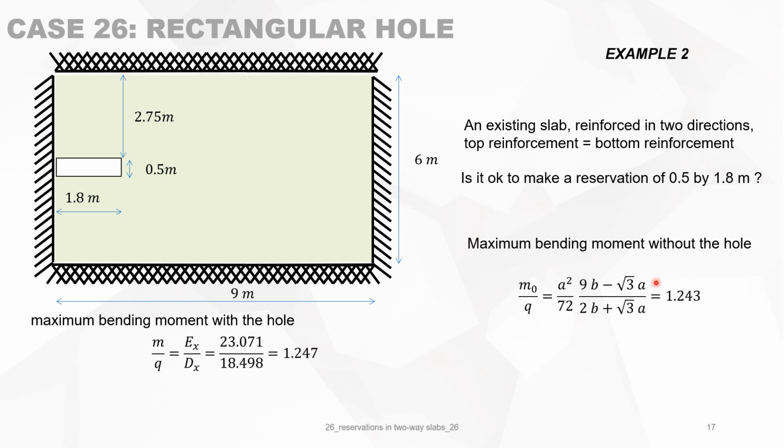So it means that this is almost equal, which means that the bearing capacity is 100%. So making a reservation of this size, of this location, will not affect the total bearing capacity of the surface that is left over after making the reservation. Of course, we assume that all reinforcement is properly anchored.